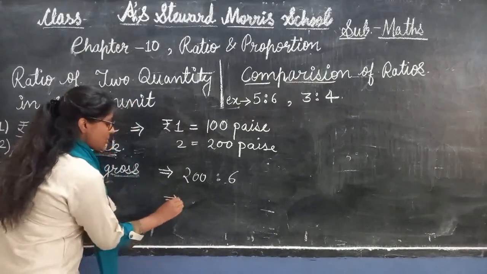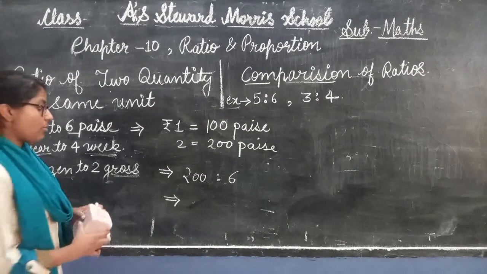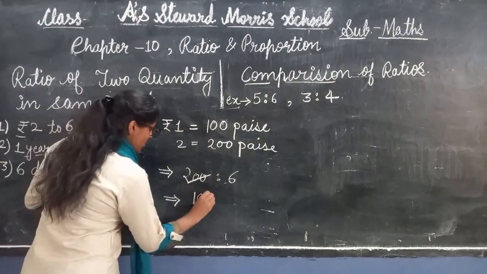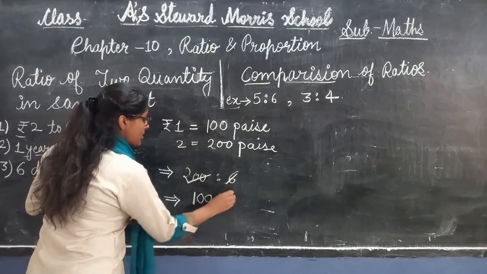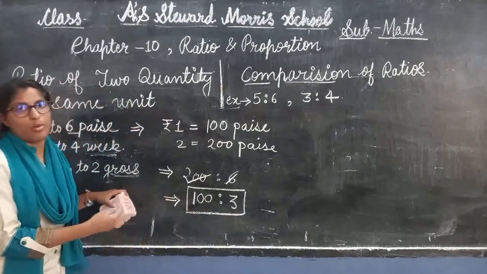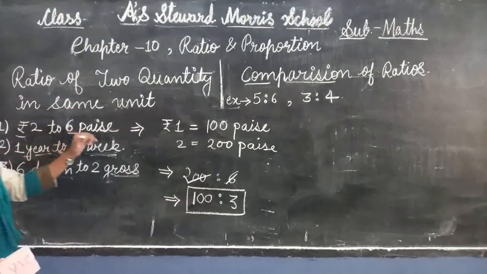Next we need to simplify it, because a ratio is always written in the simplest form. Cancel it: 2 ones are 2, 0 and 0, and 2 threes are 6. 100 is to 3 is the simplest form of this ratio, the ratio of 2 rupees to 6 paisa.